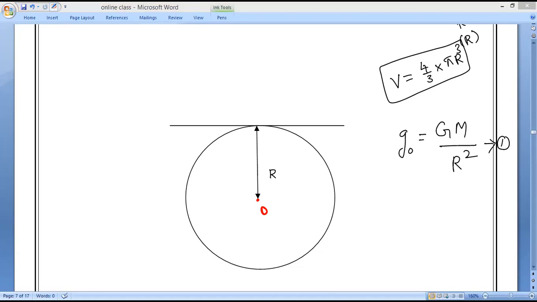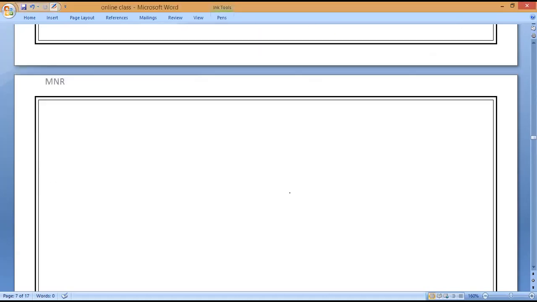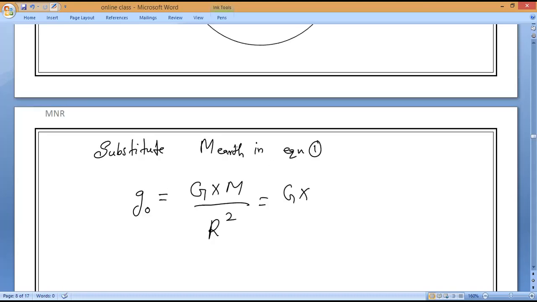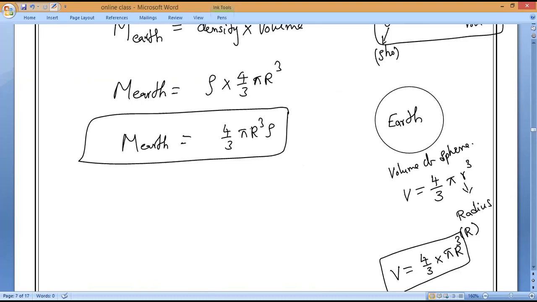Now, substitute M, the mass of the earth, in equation 1. So g0 is equal to G into M divided by R square. M means what? 4 by 3 pi r cube into rho.